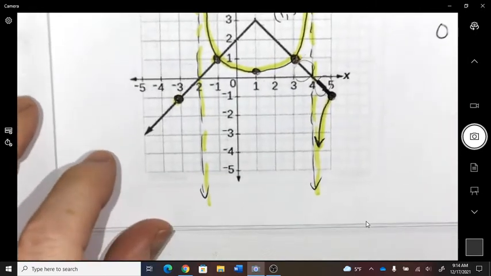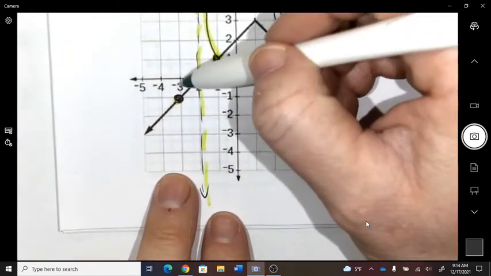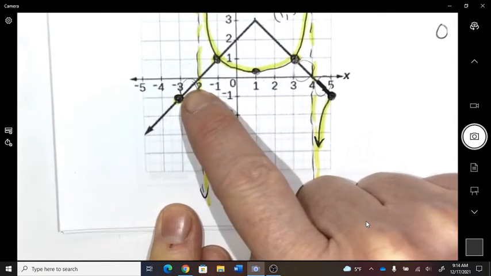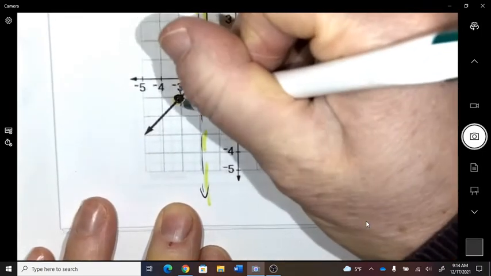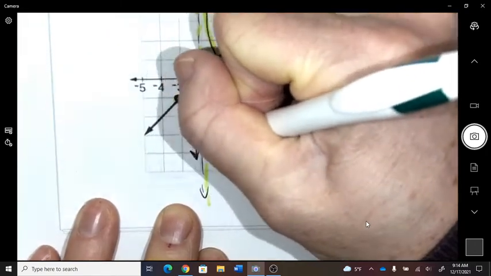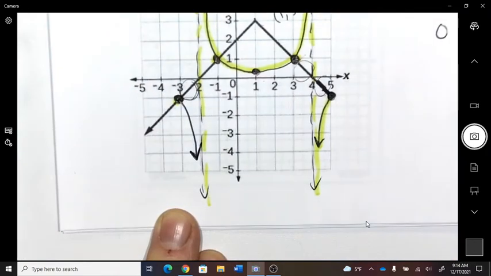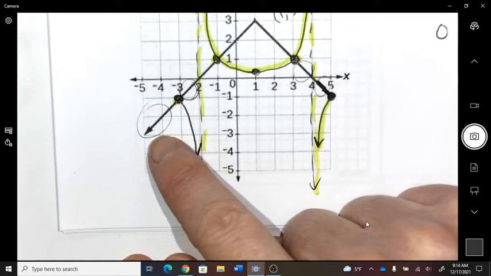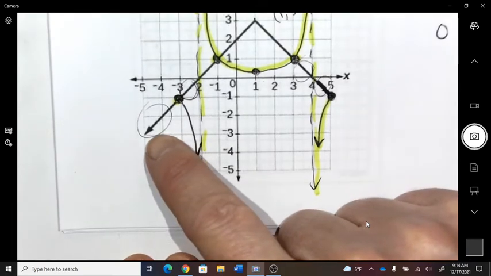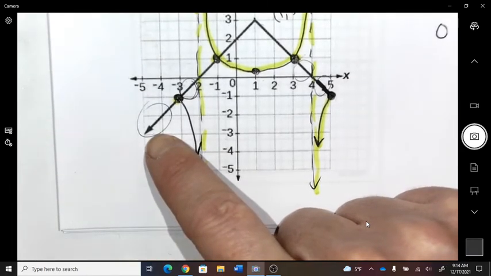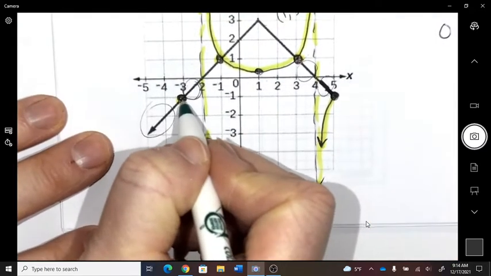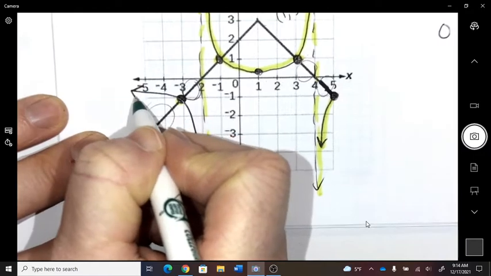Okay, now the last section. This portion is getting closer to 0, so I'm going to shoot away from 0. This portion is shooting away from 0, so I am going to shoot closer and closer to 0.